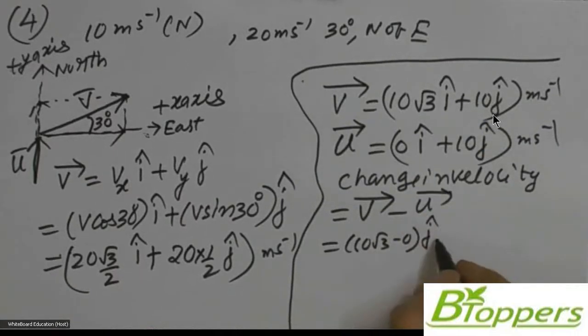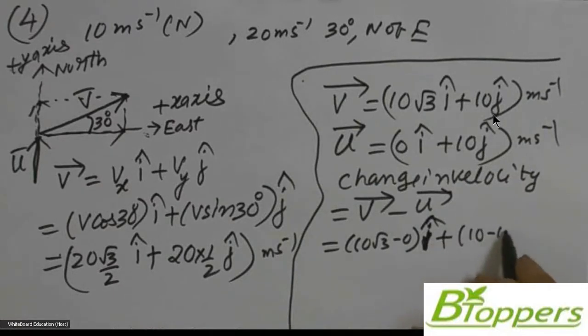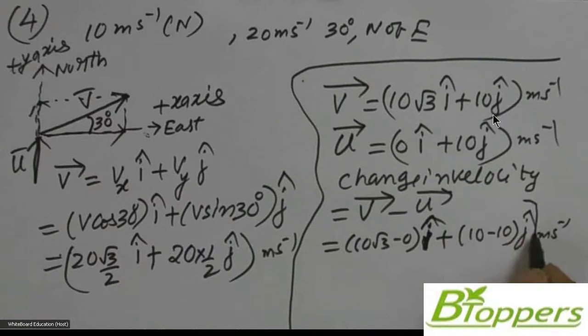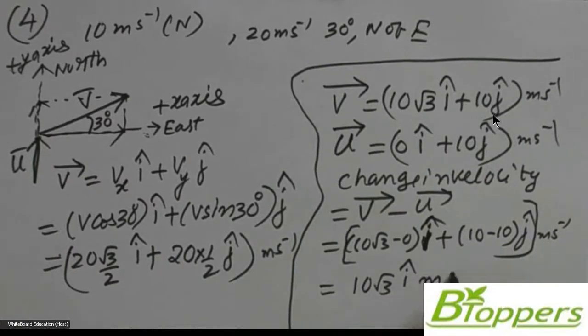Next, take the difference of the j components, 10 minus 10, j cap. Of course, it will be in meter per second. So you get v bar minus u bar equal to 10 root 3 i cap meter per second.